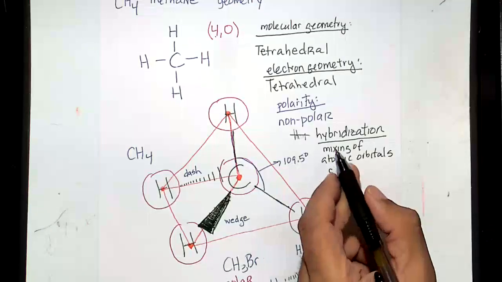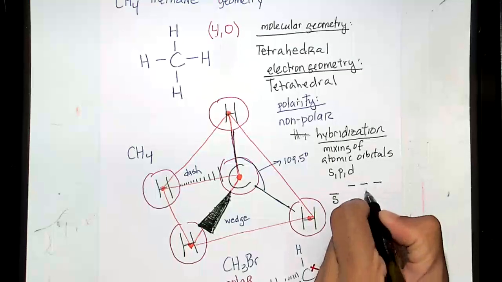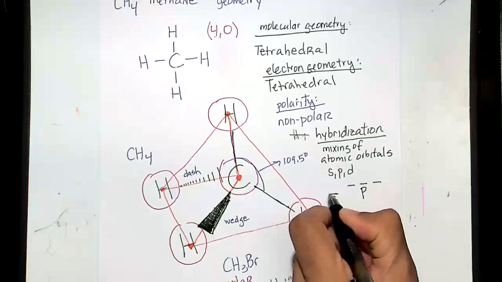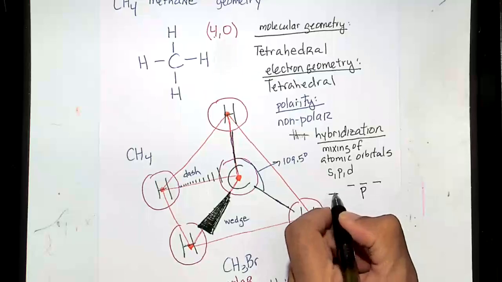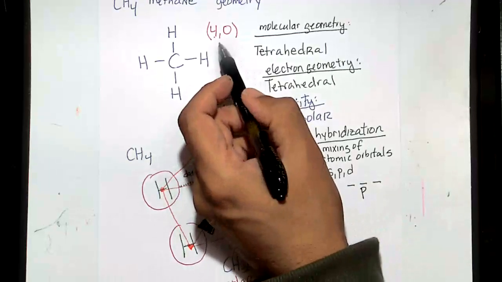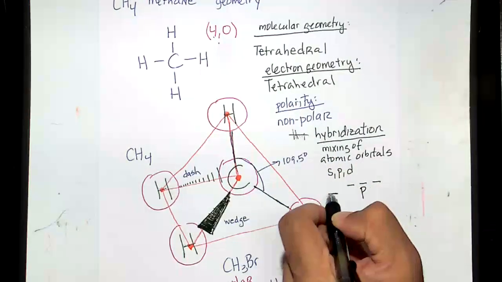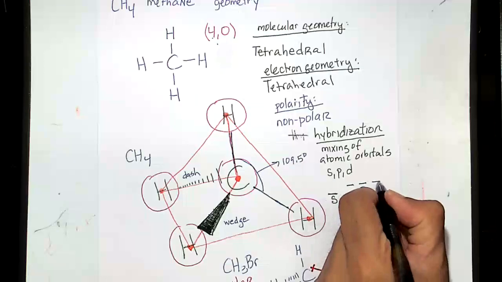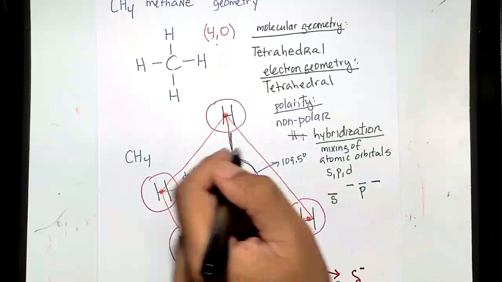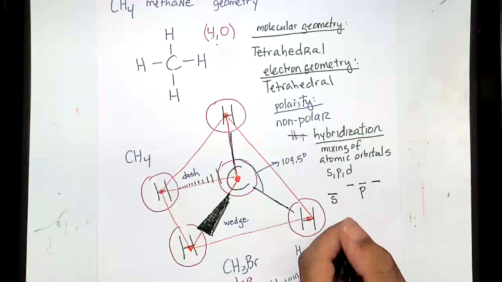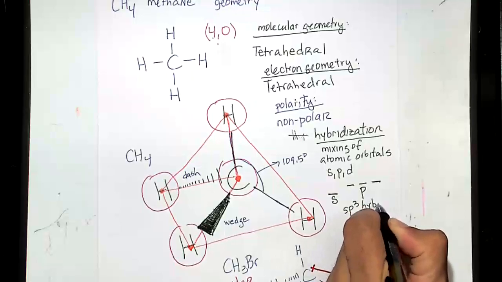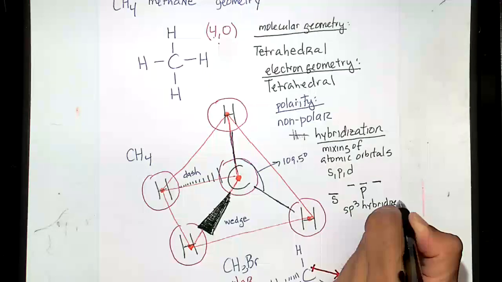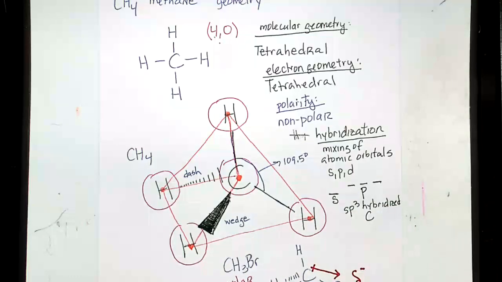And then how many will we take from p? Carbon will recruit 1 s. We need 4 total. So 1 s, and then how many p's? 3. So this is an sp3 hybridized carbon.